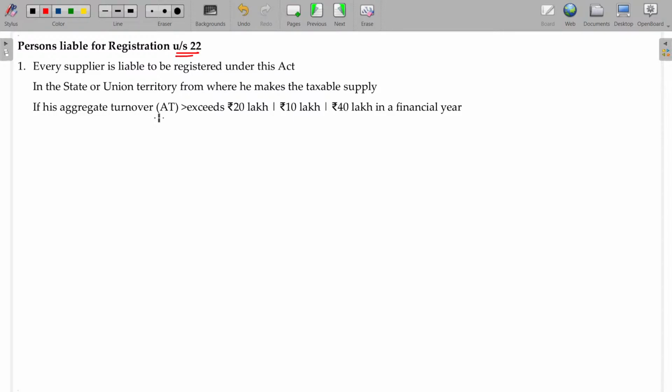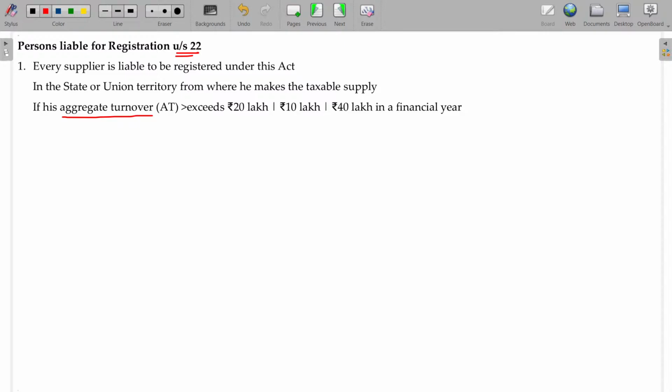So we have aggregate turnover. We already covered what aggregate turnover is. PAN based turnover you have to find out throughout India, so not GST based. You will have a GST number for each and every state separately, and for getting the GST number for every state, you have to give the same PAN number. So we value your total turnover based on the PAN, including the exempted supply as well as the zero rated supply and exported supply.